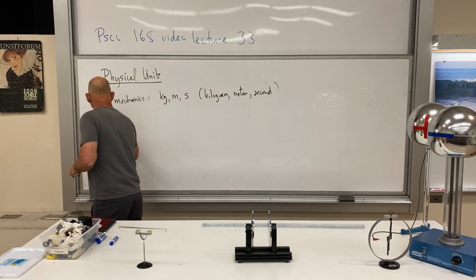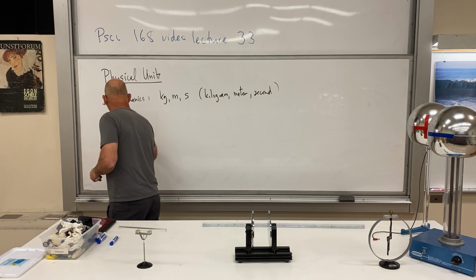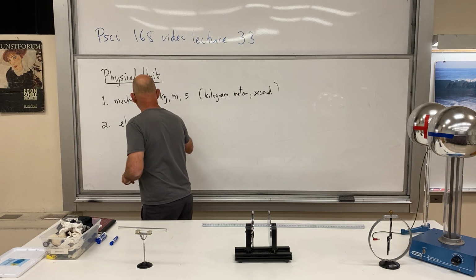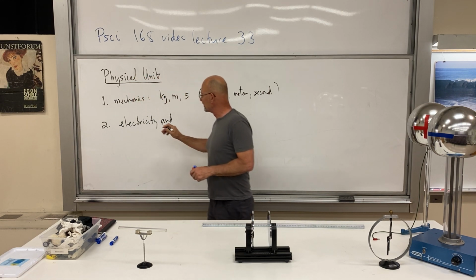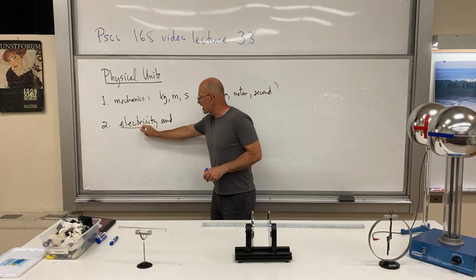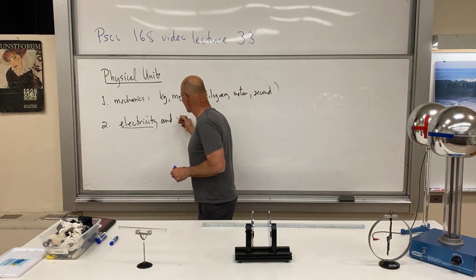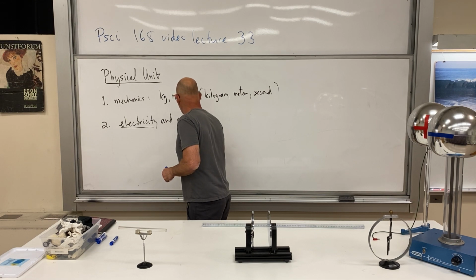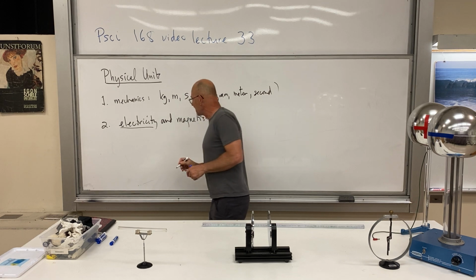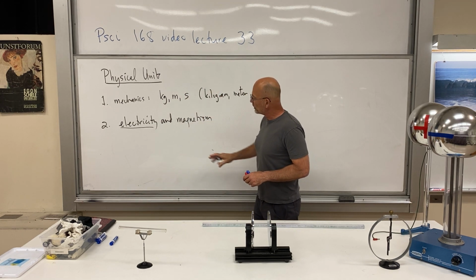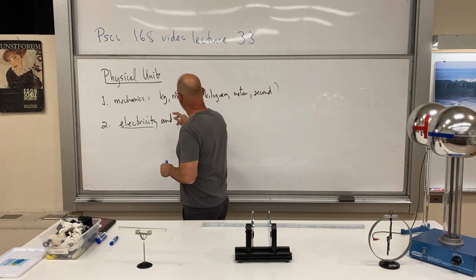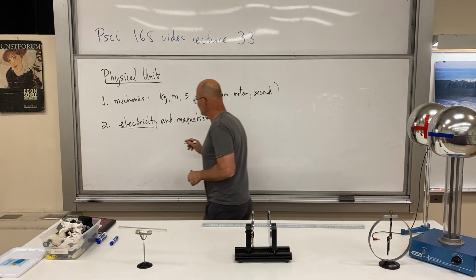Now we get to electricity and magnetism. Now it's interesting, the terms go together, although we're specifically talking about electric charge right now. Magnetism comes later, but I'm going to go ahead and write it down because there's only going to be this new quantity, the electric charge. So mechanics, kilograms, meters, and seconds.